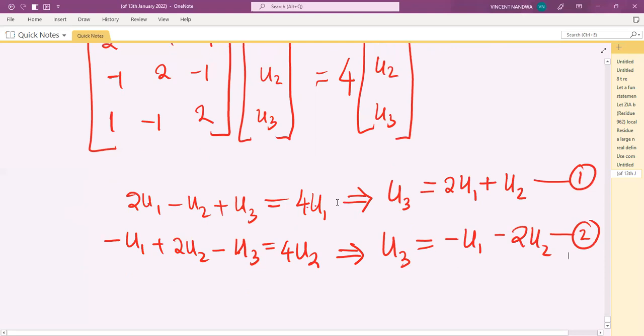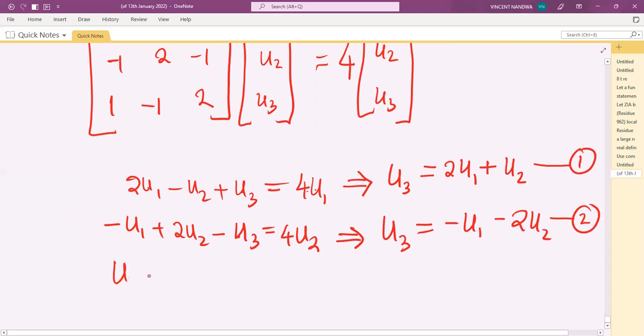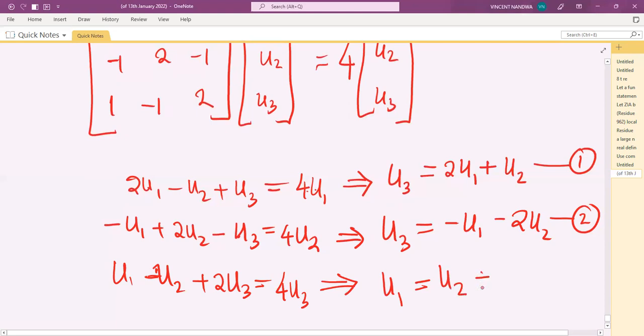And then equation 3 will be U1 minus U2 plus 2U3 equals 4U3. This means that U1 is the same as, taking this to the right hand side, U2 plus 4U3 minus 2U3, which is plus 2U3. So this is equation 3.